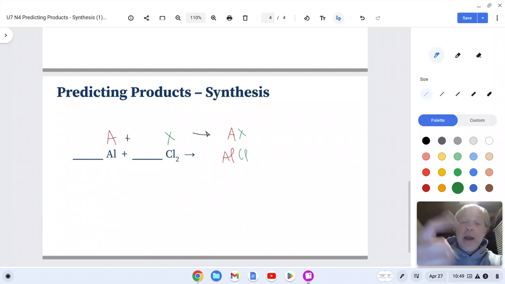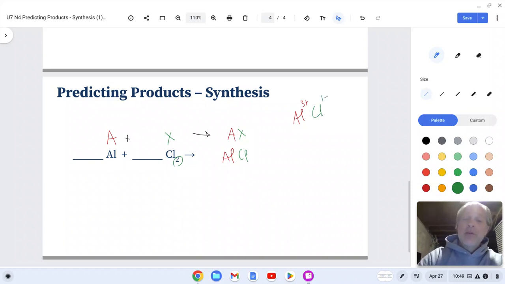Now again, I'm not going to bring this 2 across because I have to go back and check my charges. Aluminum has a charge of +3. Chlorine has a charge of -1, according to the periodic table. So when I crisscross those charges down, I get Al1 Cl3. So this is going to be correct when it's Al1 Cl3.